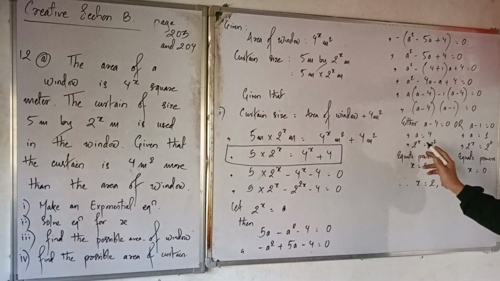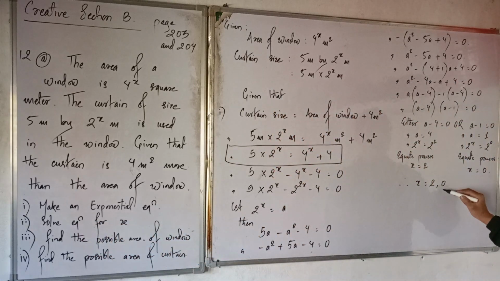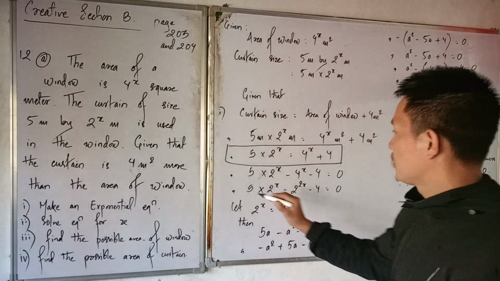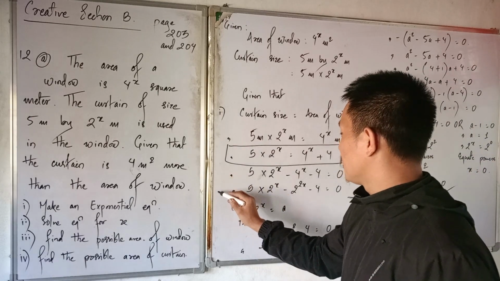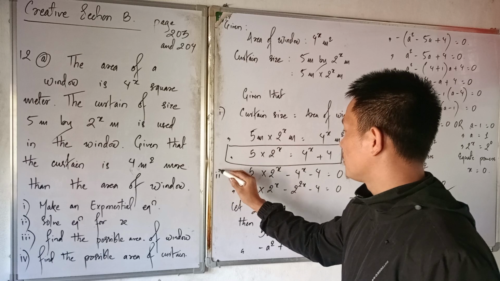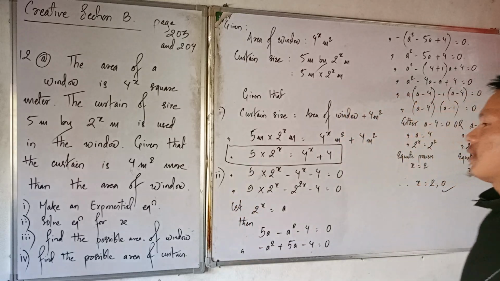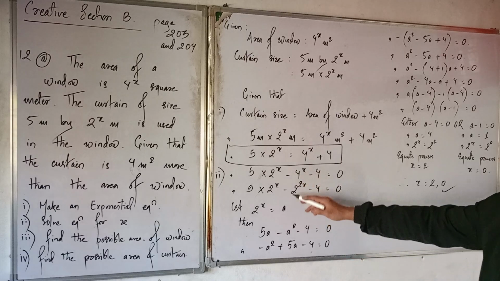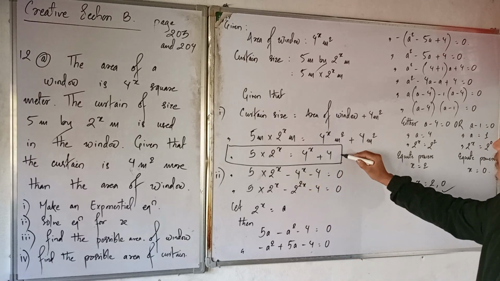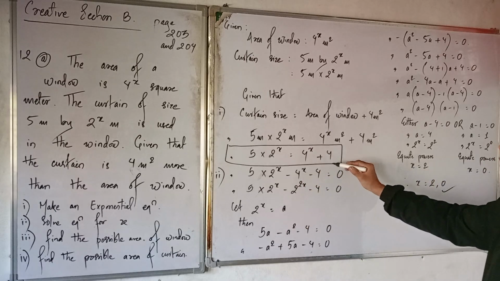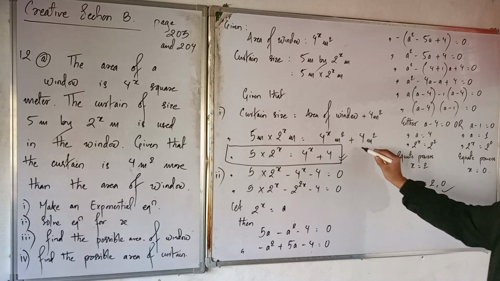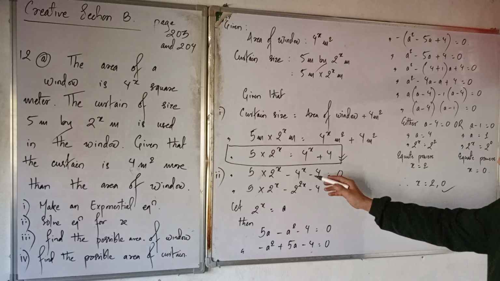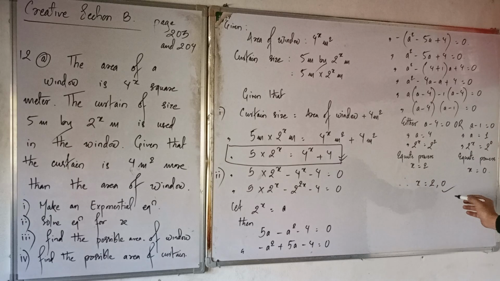So we got here two values for x. From here it will start the number 2. Solve the equation for x. So from here we start to find the values for x, solving this equation. So this one is for I, and from here to here you will get this double I equations.